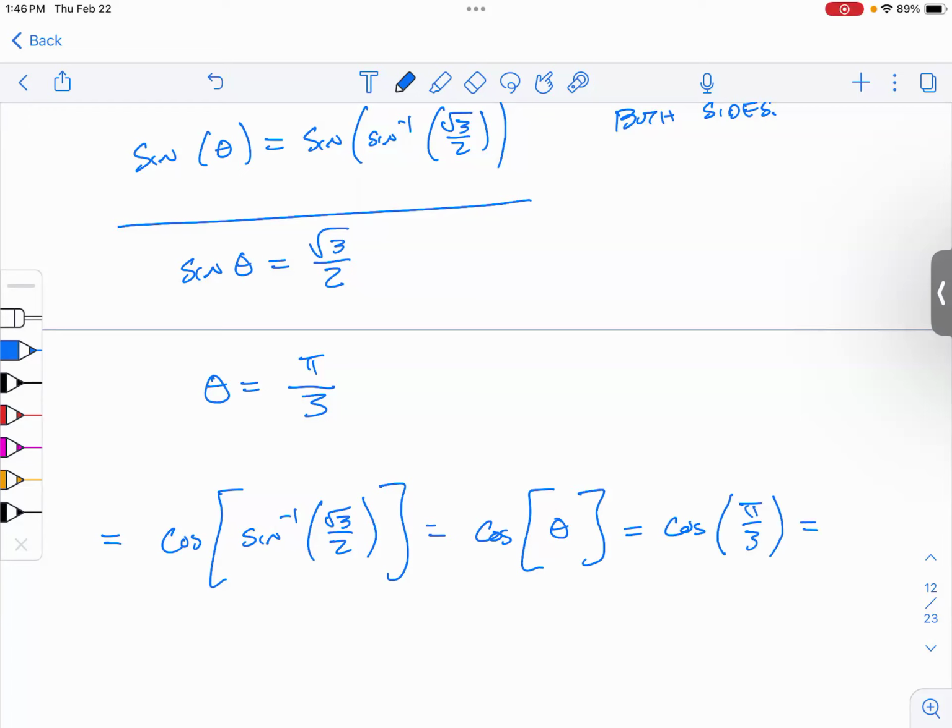And then I'm just finding cosine of pi over 3, which is 1/2. And again, notice that a lot of this is unit circle. In order to jump from this step to this step, it's just unit circle. Right here, unit circle.